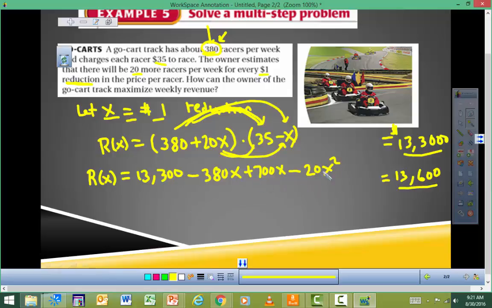Now I'm going to rewrite this so that the x squared term is first. So the revenue function is negative 20x squared. Now I add those two together. One of them is positive, one of them is negative. So 700 minus 380, you can do that in your head, right? It's a positive 320x.